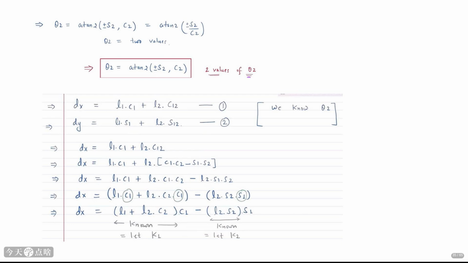Rearranging terms, we can factor out cosine of theta 1 and sine of theta 1. This gives us dx equals cosine of theta 1 times (L1 plus L2 times cosine of theta 2) minus sine of theta 1 times L2 times sine of theta 2. Let's define Kl equals L1 plus L2 times cosine of theta 2. Then we have dx equals cosine of theta 1 times Kl minus sine of theta 1 times L2 times sine of theta 2.